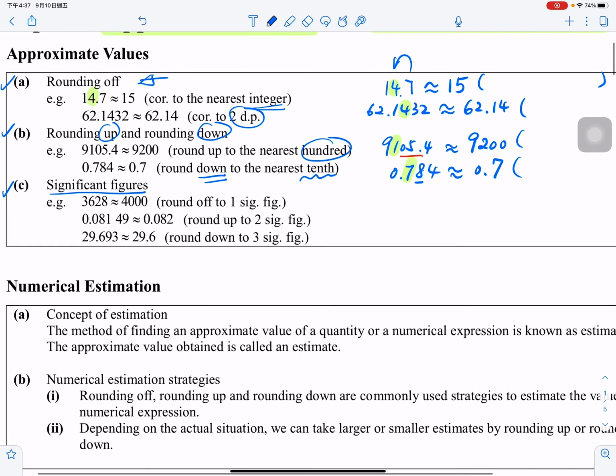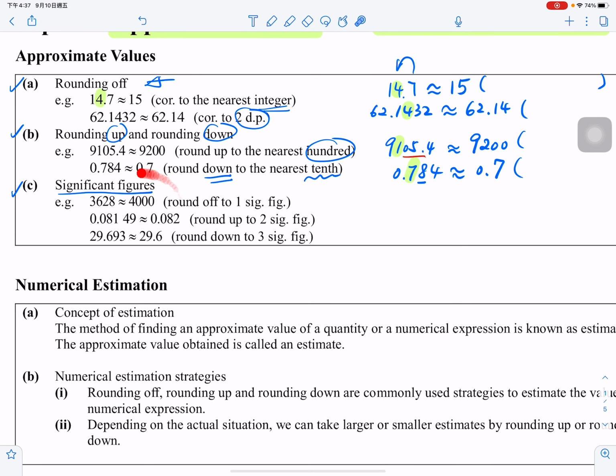How about the third one, significant figures? Remember, for example, 3628 and the second one, 0.08149. We need to find out the first significant figure. Which is the first one?